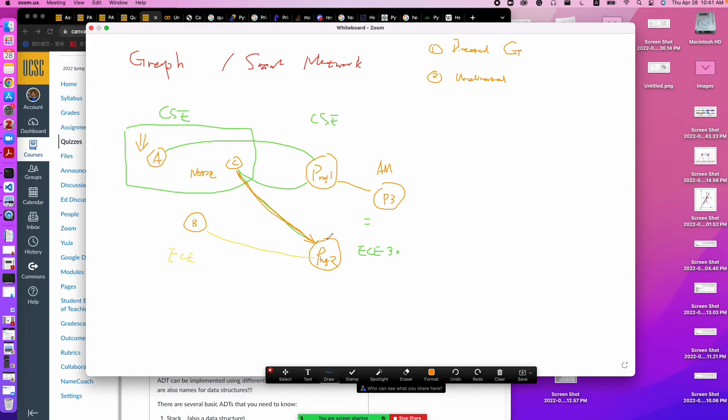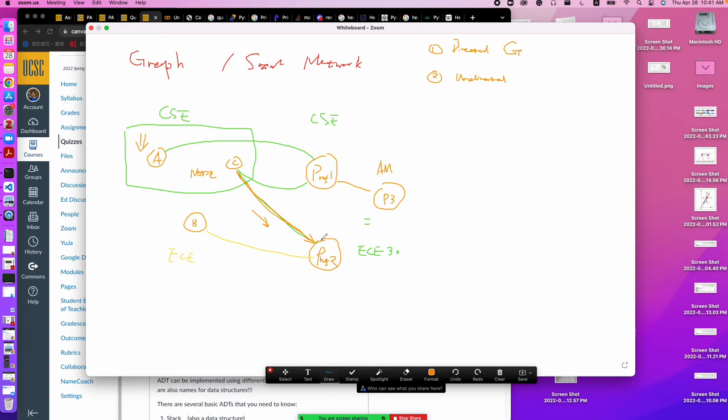You read a paper from his past publications, so you know this guy's name. But this professor may not know your name because you're a student, right? So in this case, you know his name, so this is just one direction. You know this guy. So this is a directed graph.